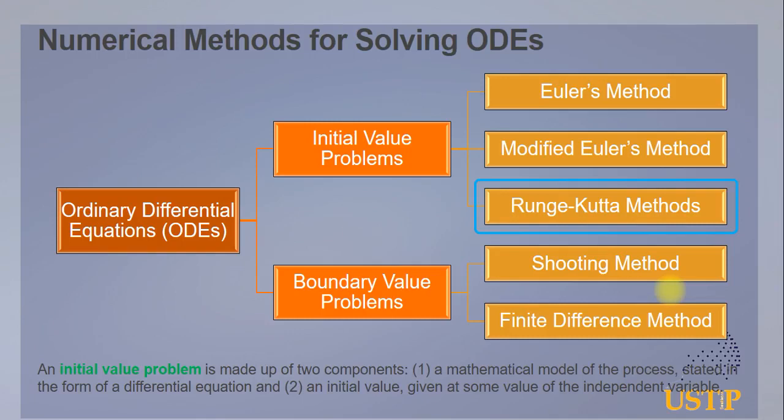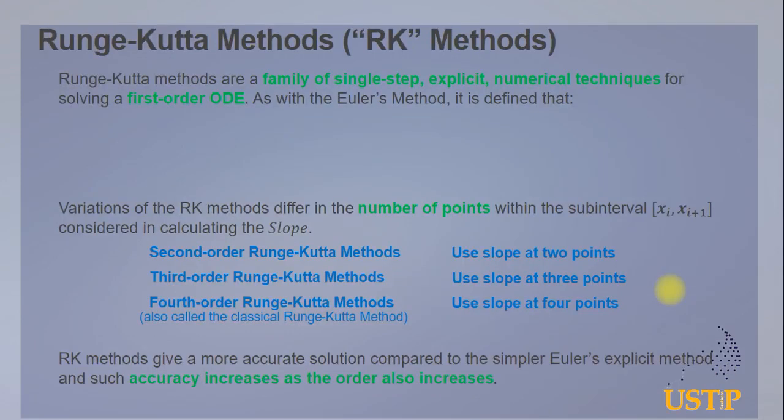Runge-Kutta methods are a family of single step explicit numerical techniques for solving a first order ODE. As with Euler's method, x_{i+1} is equal to x_i plus h, and y_{i+1} is equal to y_i plus slope times h.